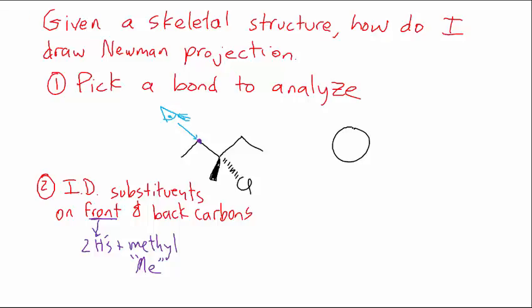Up, down, into the page, out of the page? It's going straight down. Yeah. So I'm going to draw the bond to the methyl group going down. And then my other 2 bonds are going to be 120 degrees apart from that, and those are both going to the hydrogens.